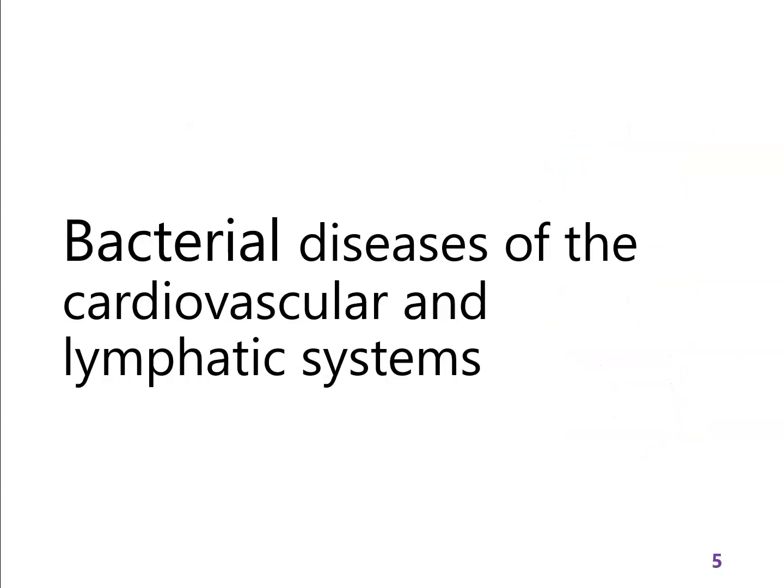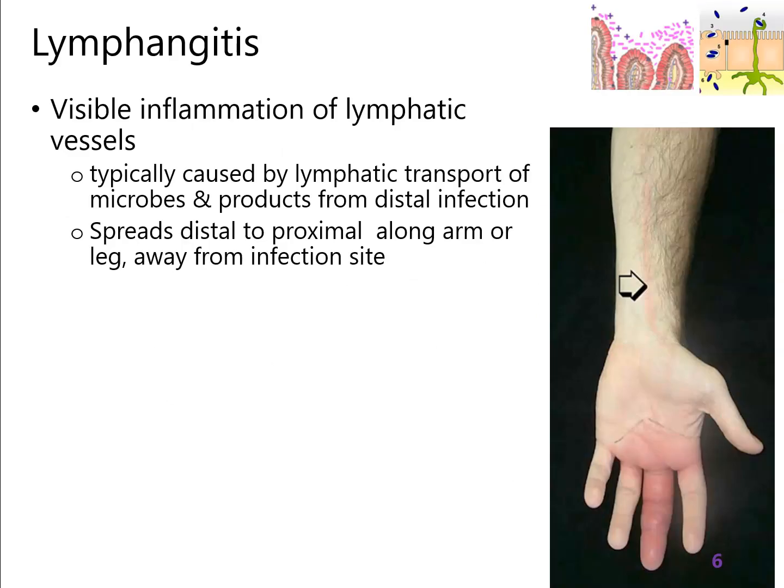So we start with the bacterial diseases. One you may have heard of is blood poisoning. I remember reading about this when I was young, where we start to see red streaks going towards the center of the body from the site of an infection. What's happening here is the lymphatic system is transporting many different things from the site of infection, and so we see inflammation along the route of a lymphatic vessel.